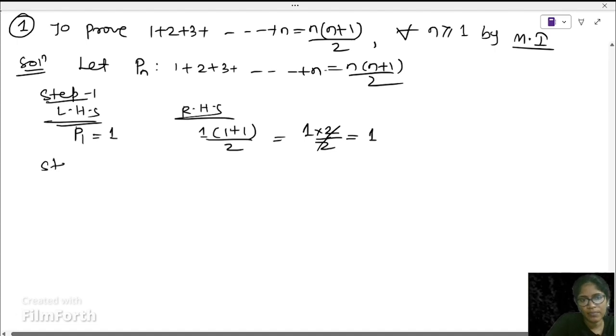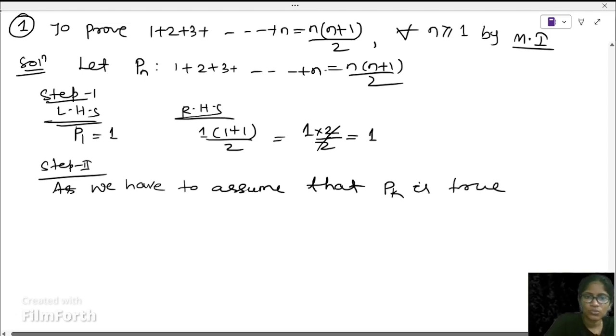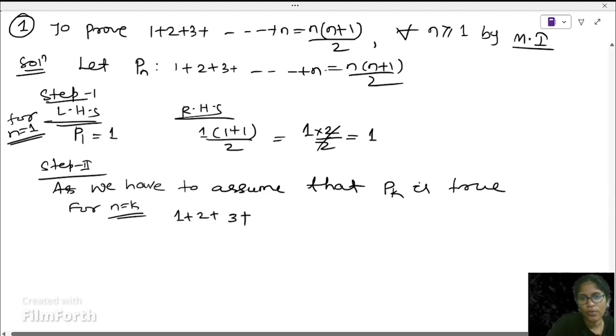Step 2: we have to assume that Pk is true. That means for n is equal to k, 1 plus 2 plus 3 plus up to k is equal to k into k plus 1 by 2.